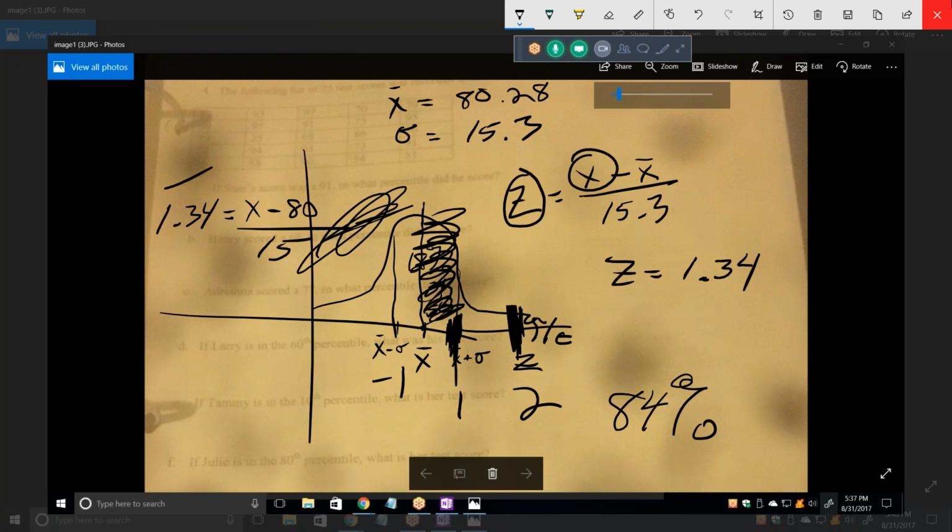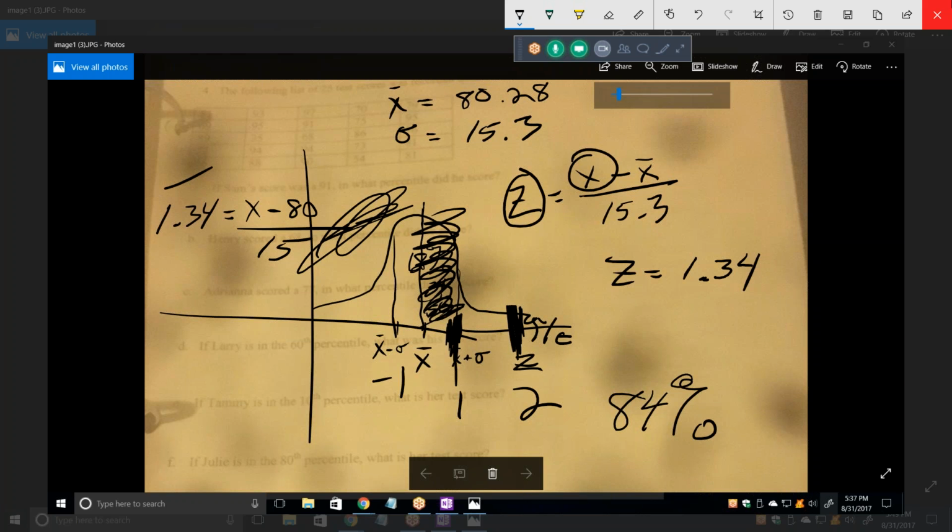It's 1.34 times 15 plus 80. I get more than 100. No, I didn't. Hold on, just a second. Oh, wow. Oh, I didn't add 80.